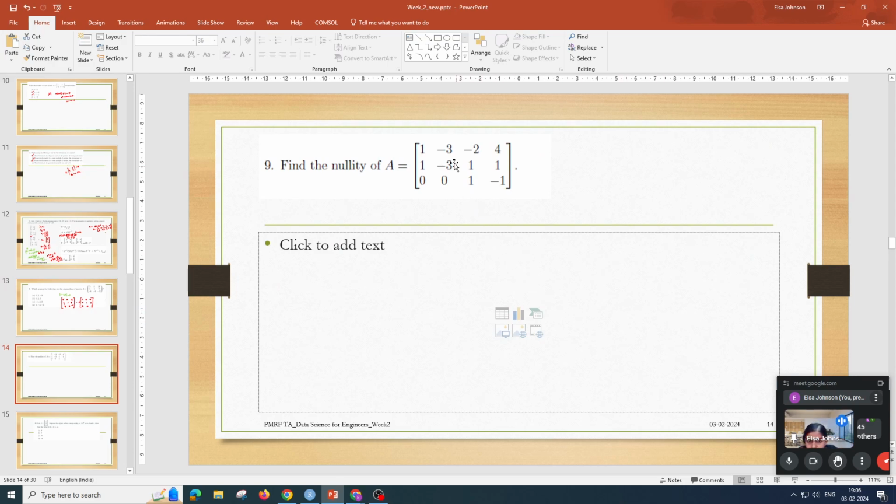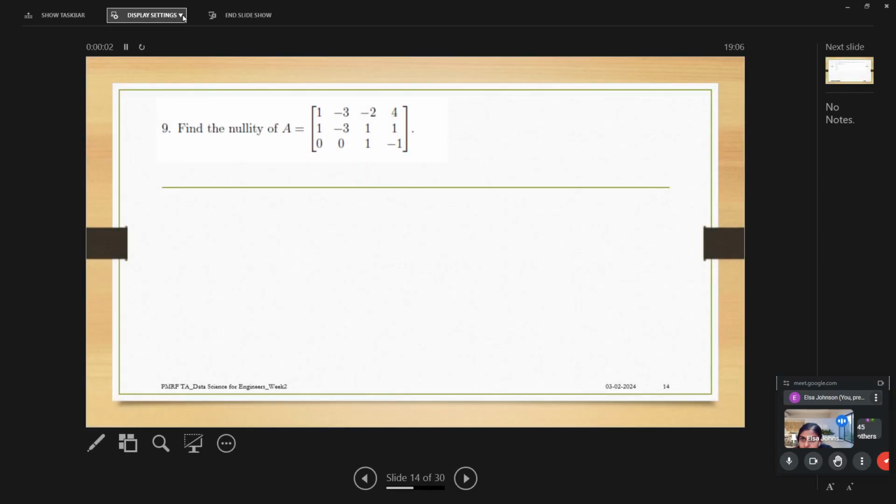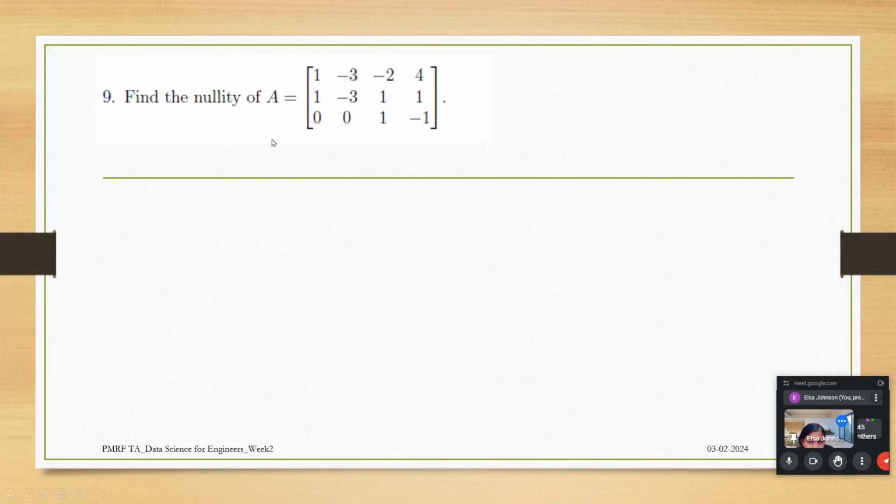We also know the answer to this one. You can find the rank of this matrix, and if the rank is less than the number of variables, you can find the nullity.